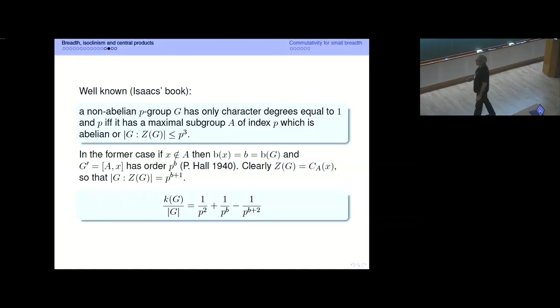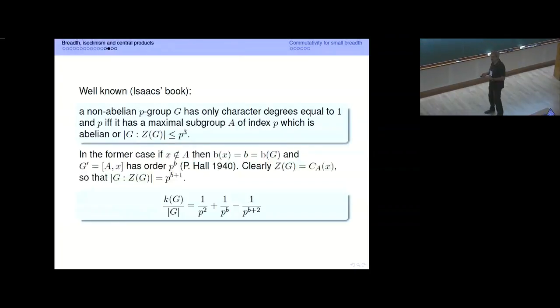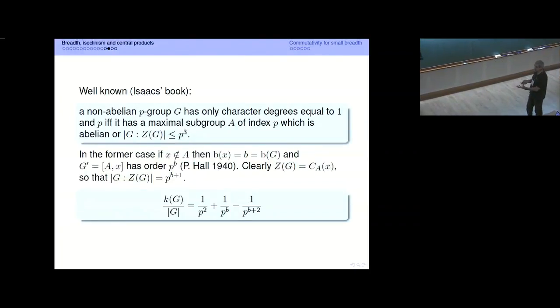Now, in the first case, Philip Hall observed already in his 1940 paper that the elements outside the maximal abelian normal subgroup all have the same breadth B, and that the commutator subgroup has order P to the B. So the elements outside really cover the commutator subgroup with their commutators.